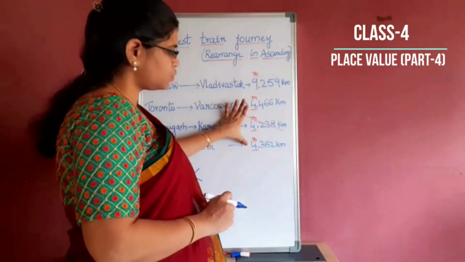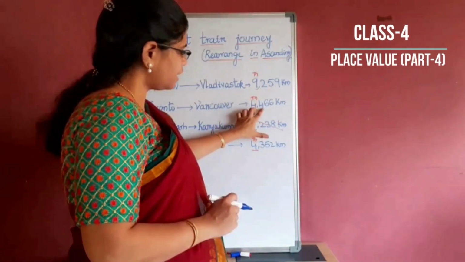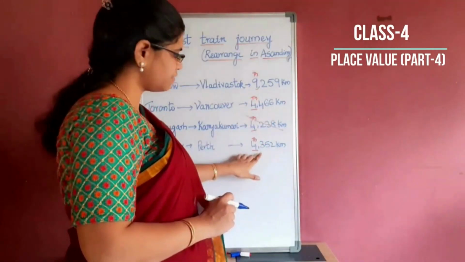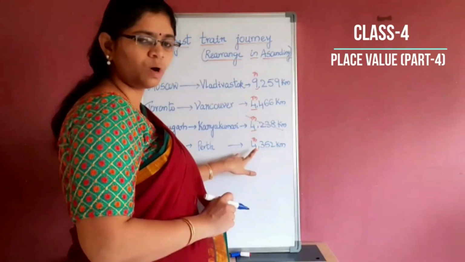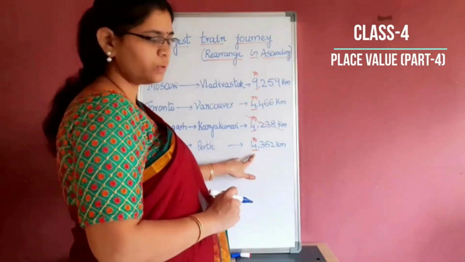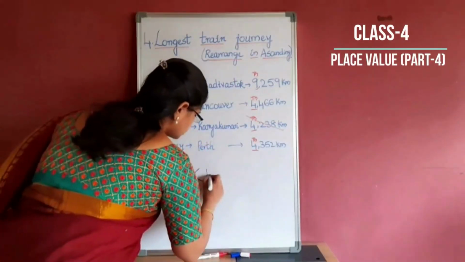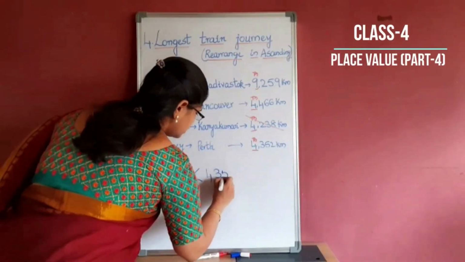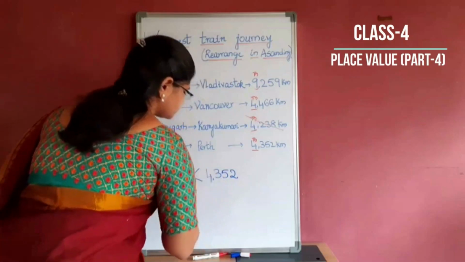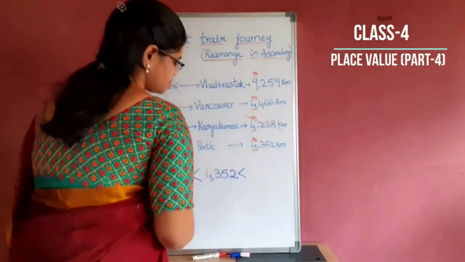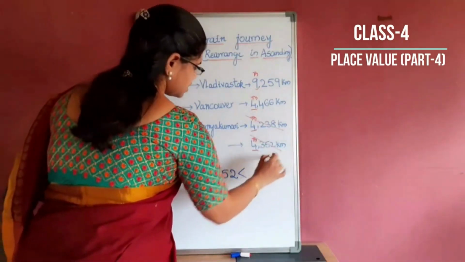From these 2, if we compare, here we have 466, here we have 352. Which is smaller? 352 is smaller. So next comes this number as 4,352. Now as this is done, crossing it out.